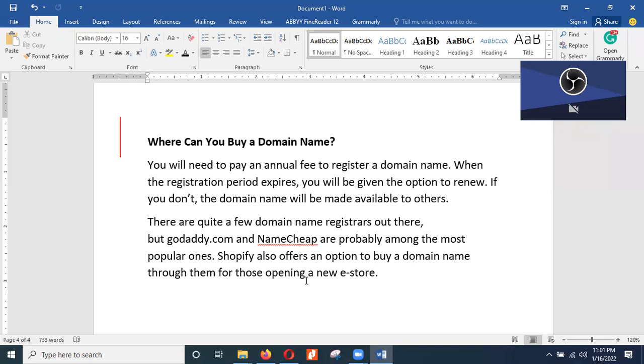Now, there is one other thing I want to tell you about registering a domain name. You can register a domain name with a particular registrar and use it to host a website with another host.